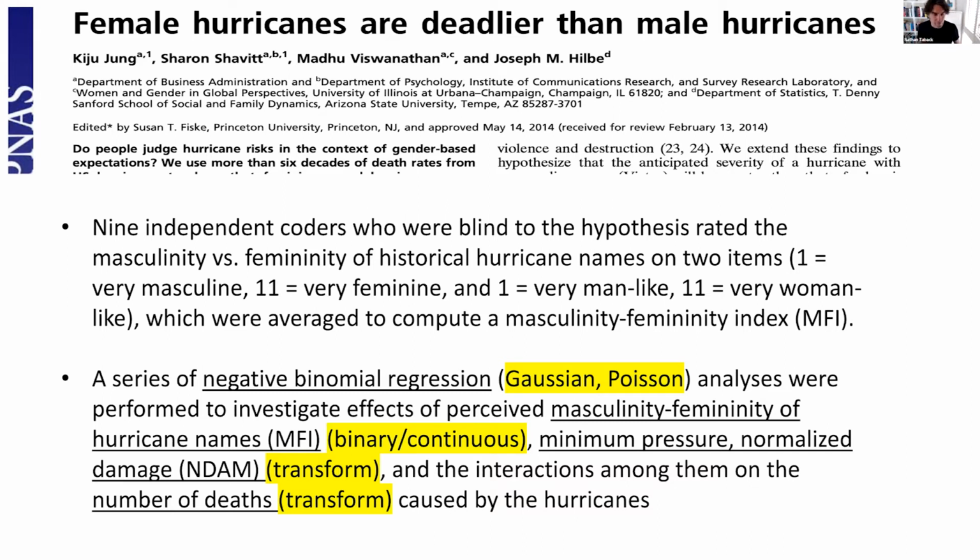Minimum pressure could have been transformed, etc. Log number of deaths, the outcome, could have also been transformed as well. So you can see that there's a whole variety of different options that could have been done in terms of the data processing choices and the modeling choices.